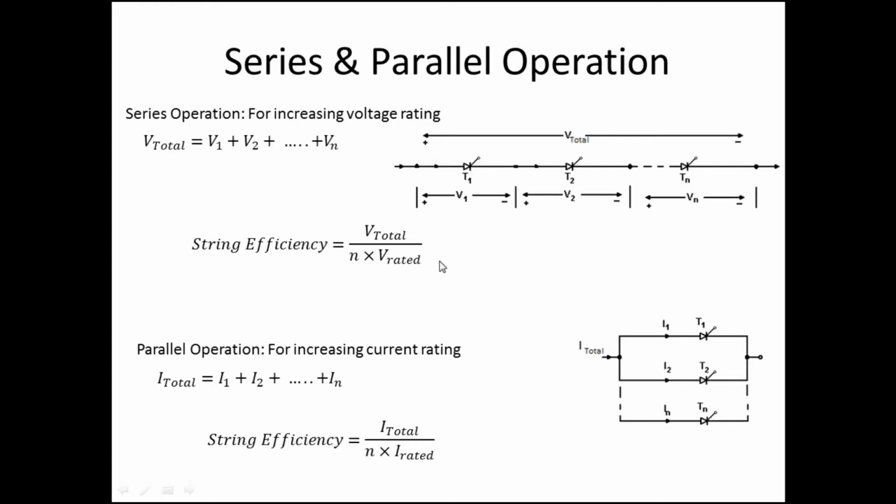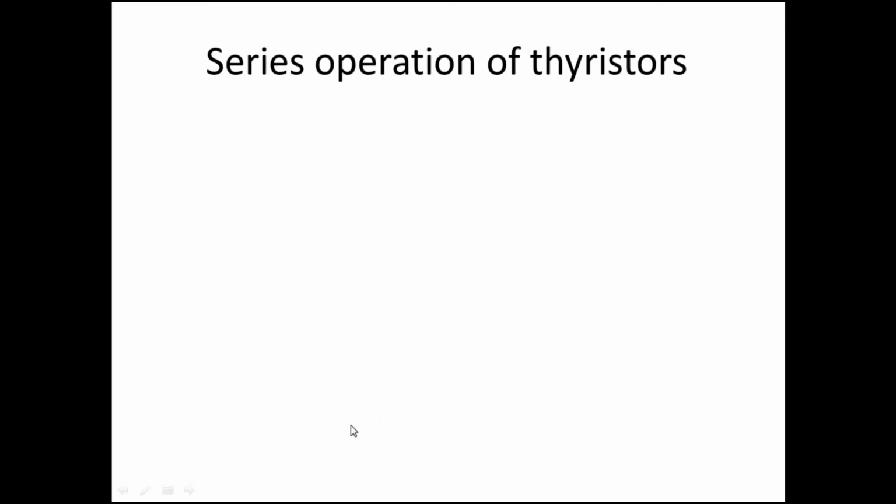So this is the ideal operation. If you consider the series operation of thyristors, series operation is for achieving a higher voltage rating, which gets importance in the off state.